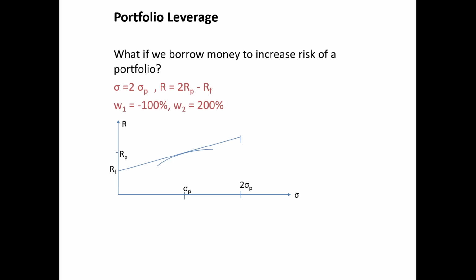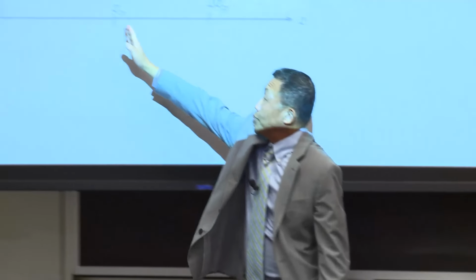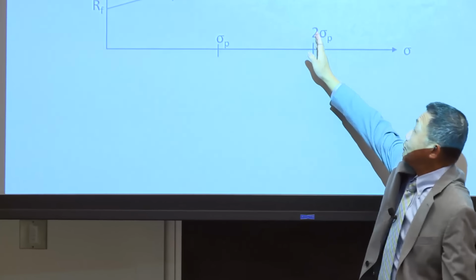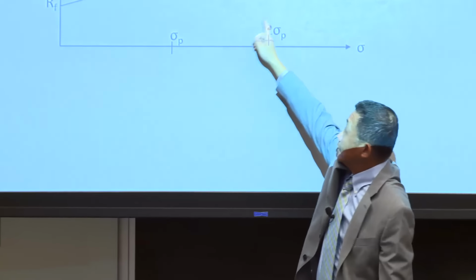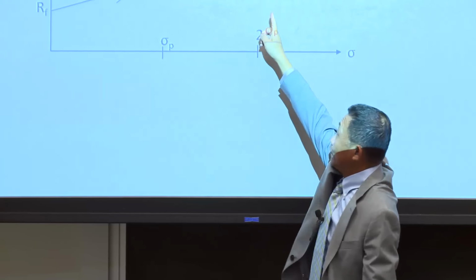That means you're borrowing money in cash and putting the proceeds into the risky asset. So you're moving the volatility up to this point by investing more into the second asset. That's also possible. That's a typical exercise people do in risk parity portfolios.